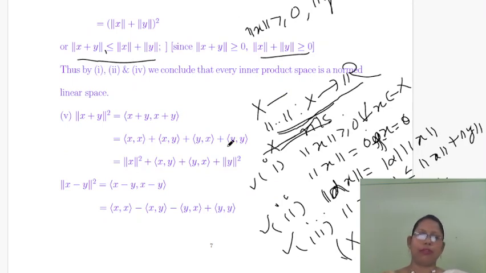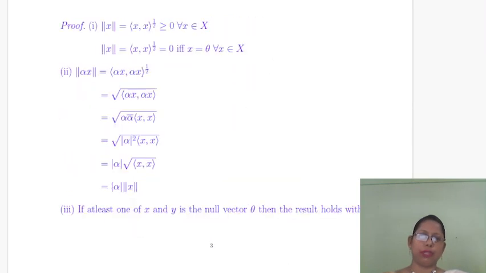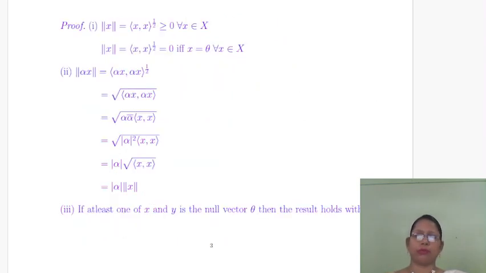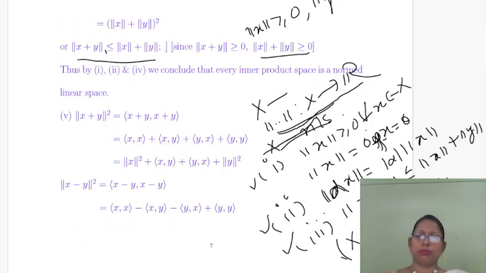Number 5. What is number 5? Number 5 is the parallelogram law: norm of x plus y squared plus norm of x minus y squared is equal to 2 norm of x squared plus 2 norm of y squared. Norm of x plus y squared is my inner product of x plus y comma x plus y.